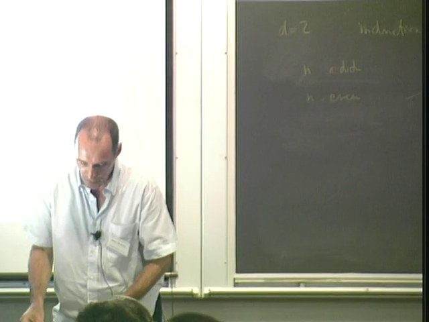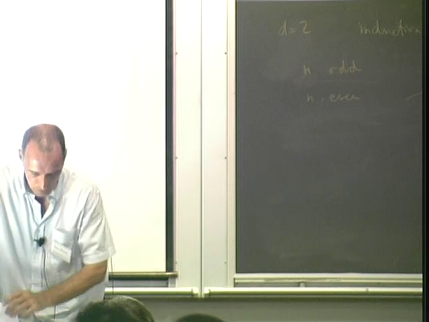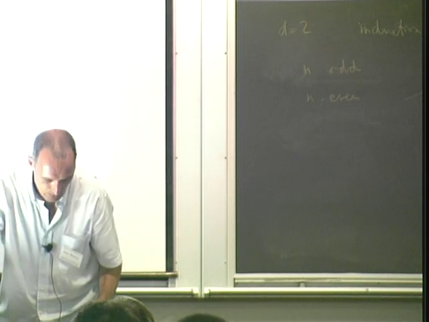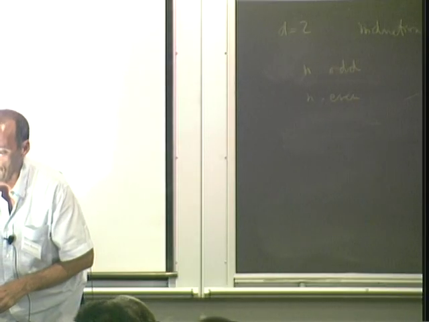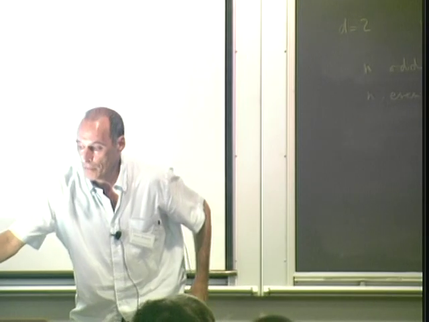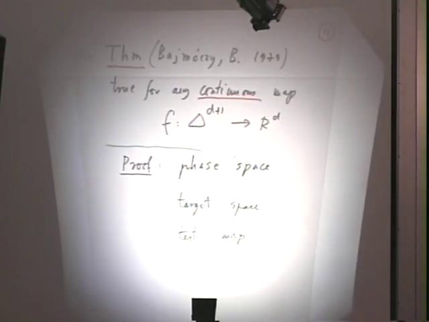This is what I proved a long time ago with Imre Bárány. The same is true for any continuous map from the (d+1)-simplex into d-space. Actually, it's enough to assume that the map is defined on the boundary of the simplex, because there is no use of the interior. But it's all the same.